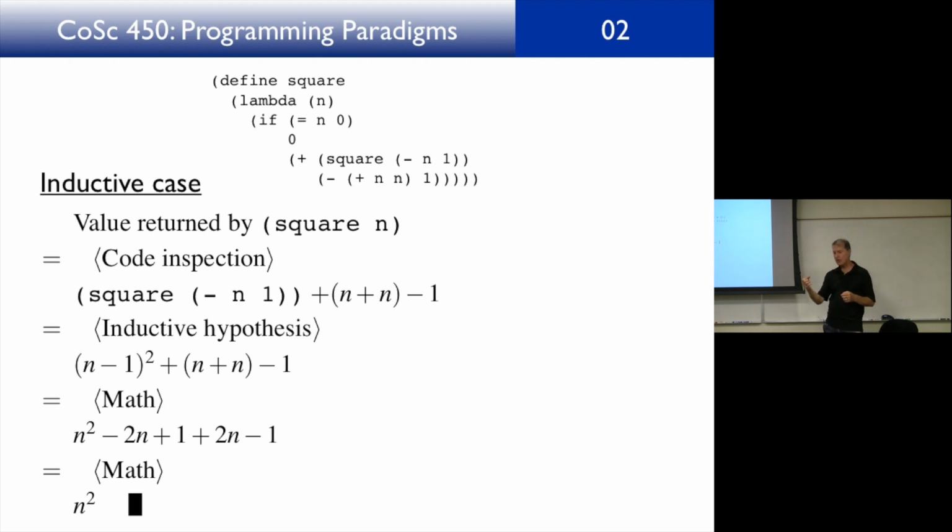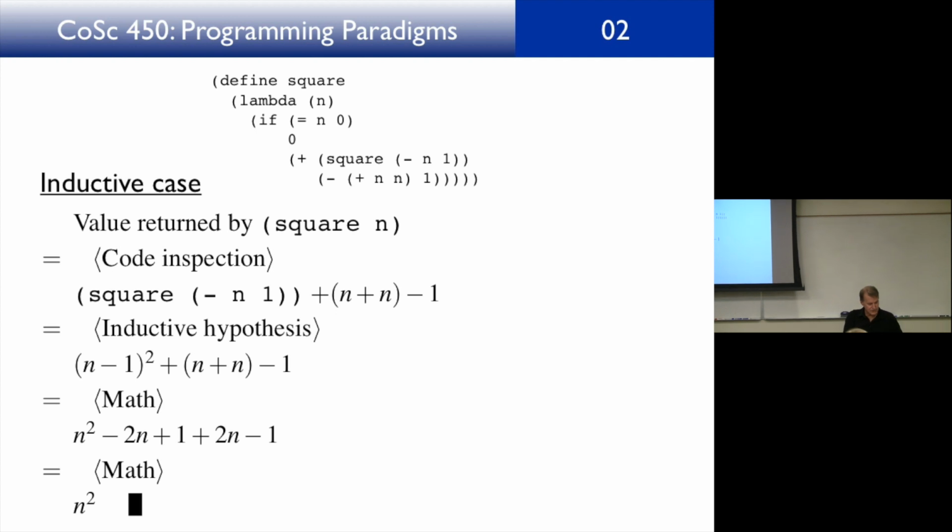For the base case, you inspect the code and make sure that it works for what you would expect mathematically. Then you formulate your inductive hypothesis, and then you state what you're trying to prove, assuming the inductive hypothesis. Then you go through, and again, the first step is code inspection. You take the value returned by, code inspect and say, okay, how are we doing? Is that good? All right.